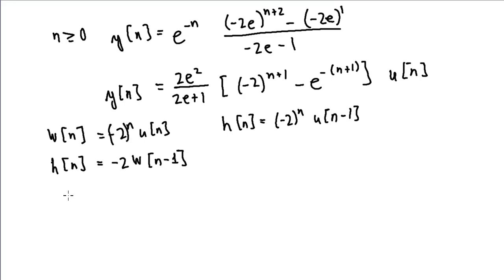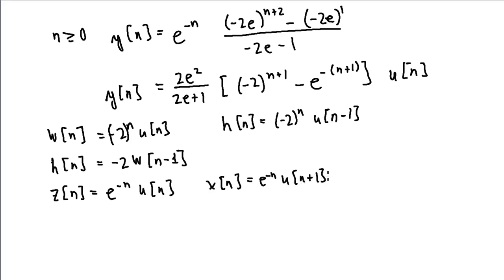Similarly, I can define a new, unshifted sequence, since that's all that's in the table: z of n is e to the minus n u of n. Since x of n was defined as e to the minus n u of n plus 1, x of n is related to this unshifted function z of n.